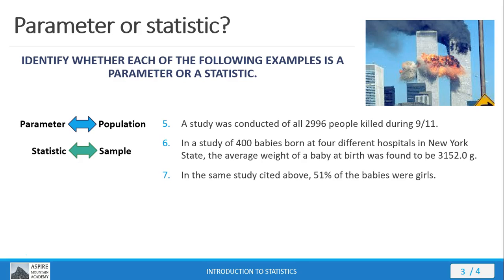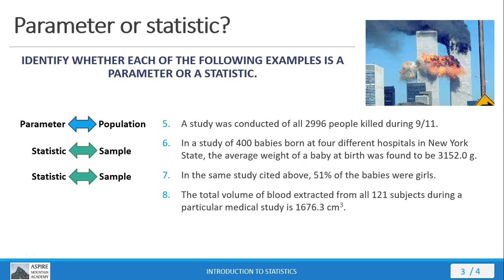Okay, here's our next example. In the same study cited above, 51% of the babies were girls. Parameter or statistic? Well, 51% is a portion of the whole, so we have a sample and hence a statistic.